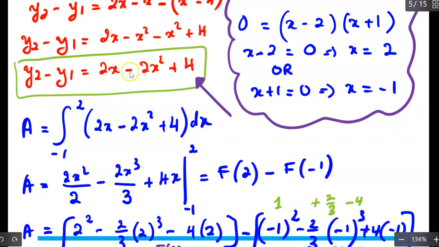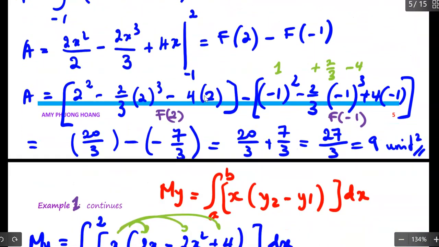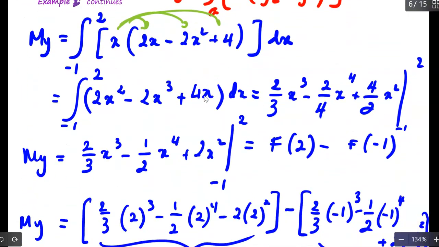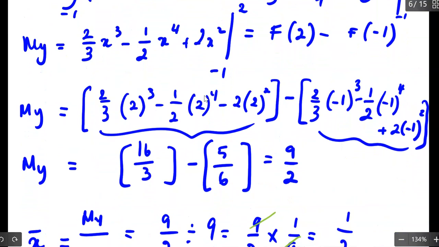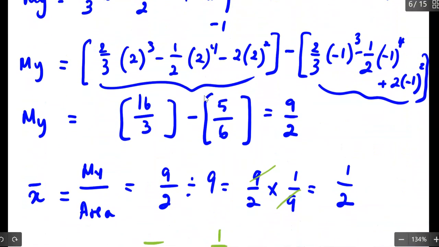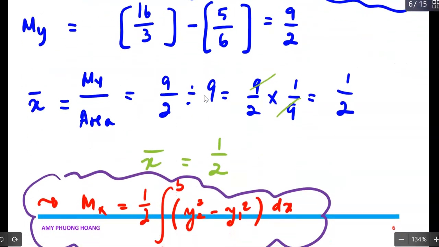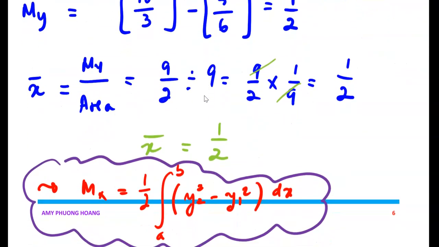This is the expression that you have to find. So you have to leave all the terms the way they are. Okay, so we integrate that. Apply the fundamental theorem. We got that equal to 9/2. And then after we got 9/2, we make sure we divide it by the 9. Then we have x bar equal to 1/2.